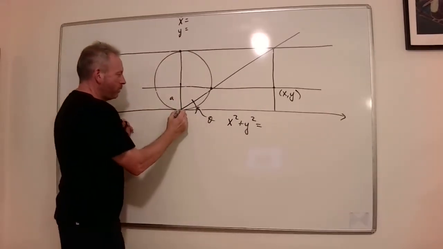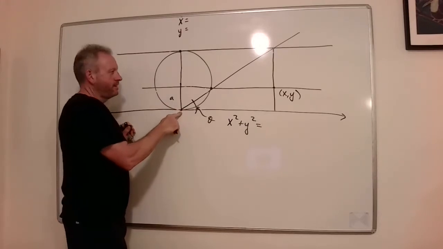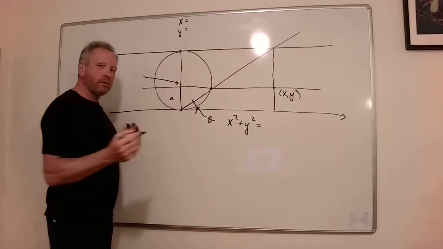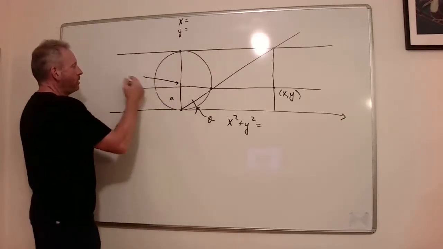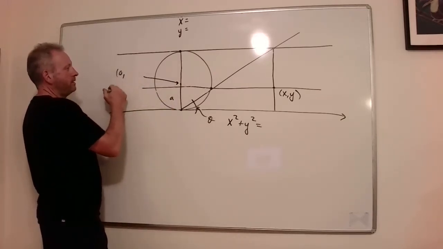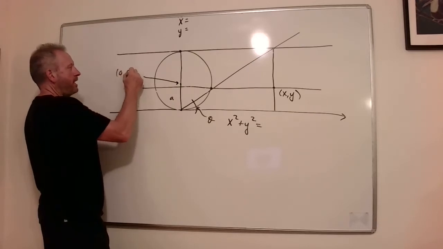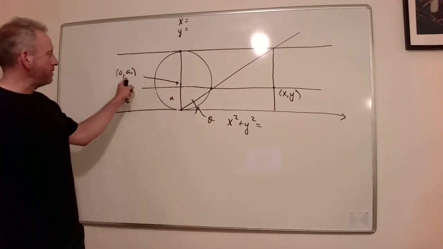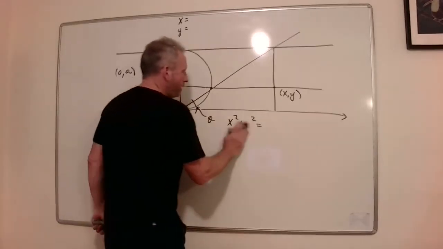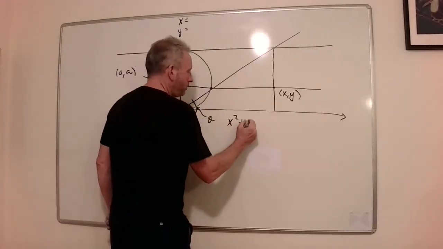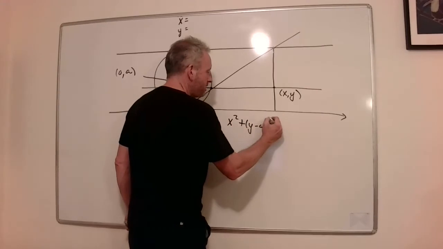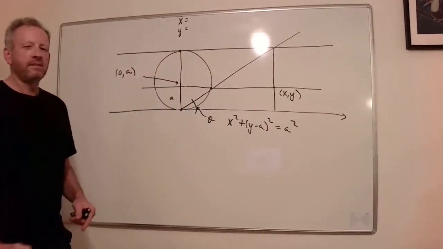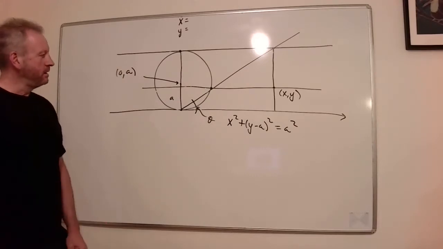I said this was the origin right here. So right here is the center of the circle. Now, what are the coordinates there? 0, comma, what? a. So we have a circle of radius a, but it's centered here. So what is this equation? It's x squared plus (y minus a) squared equals a squared. Yuck.